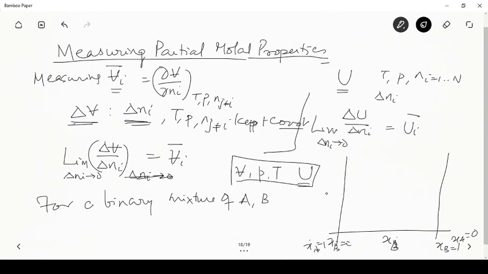So suppose I measure the volume per mole, V by N, at different locations, and I get a curve that goes like that.